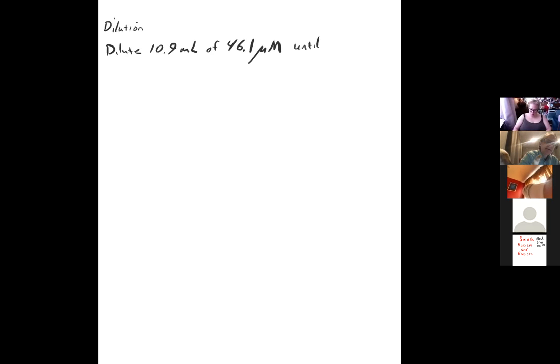Okay. So again, another dilution. Okay, so for this one, we're going to dilute 10.9 milliliters of 46.1 micromolar until the concentration falls to 30.0 micromolar.